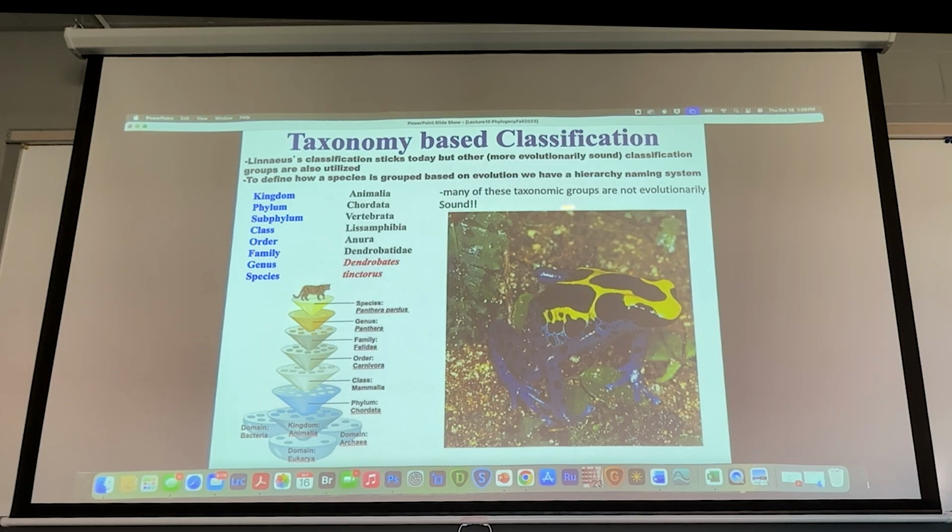Now, many of the taxonomic groups that are considered classical taxonomic groups are no longer evolutionarily sound. Just because 2 organisms look alike doesn't mean they're related, right? The reason for that is convergent evolution, which we've talked about, when 2 things that look alike don't always share a common ancestor.